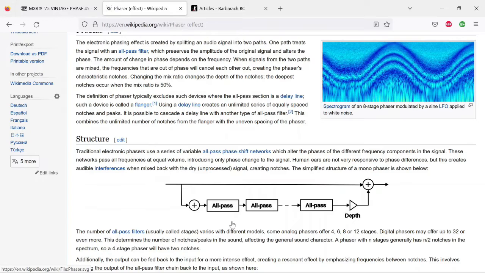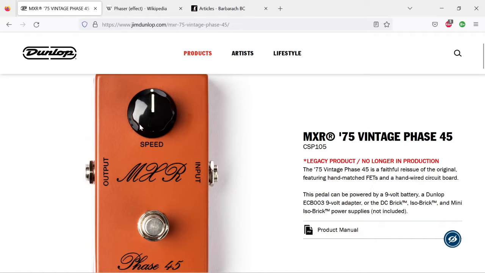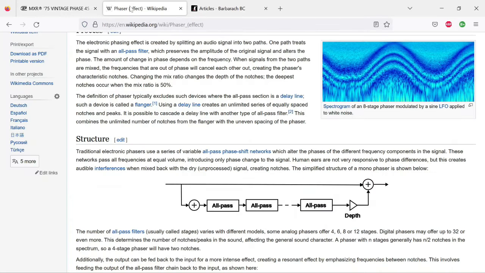We will need two of those stages, and this is how many the Phase 45 has. It's a simple pedal. It has only one knob, which controls the speed, the frequency at which this phase shifting is occurring.